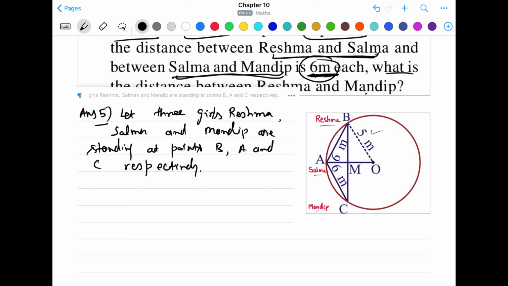And what we have done here is we have joined AO, which will give us that this AO is passing through the midpoint of BC. That means M is the midpoint of BC.